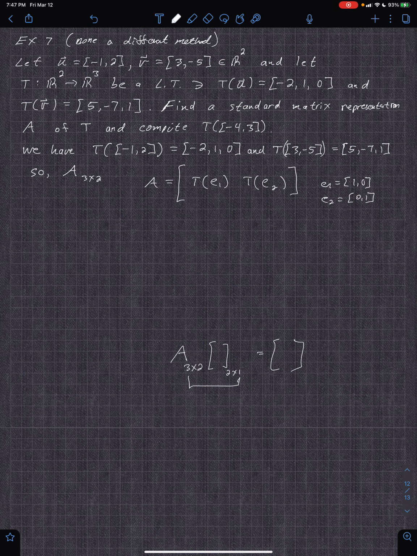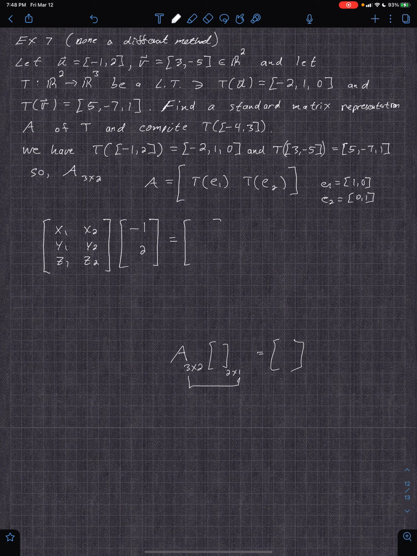So what you'll do is we'll just construct a matrix that's a 3 by 2. We don't know what they are. We'll call it x1, x2, y1, y2, and z1, z2, and then that's going to be times the vector negative 1, 2, equal to, and then what does that need to be equal to?